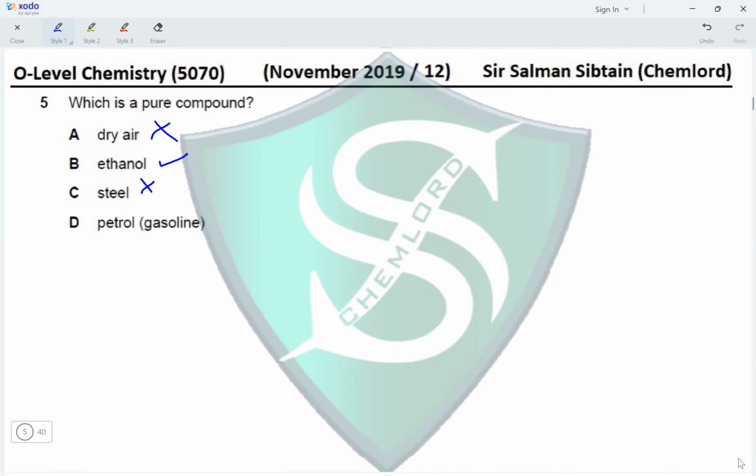And petrol, gasoline. Petrol has sulfur as a contaminant present in it. So it is not a pure liquid hydrocarbon. So this is incorrect as well. So the correct option for this question is option B.